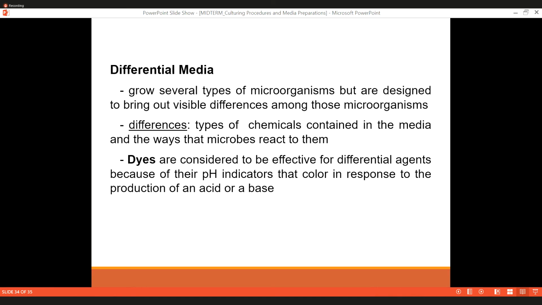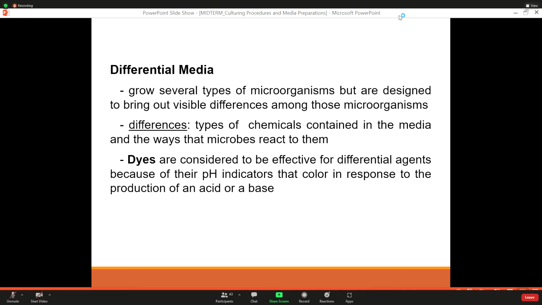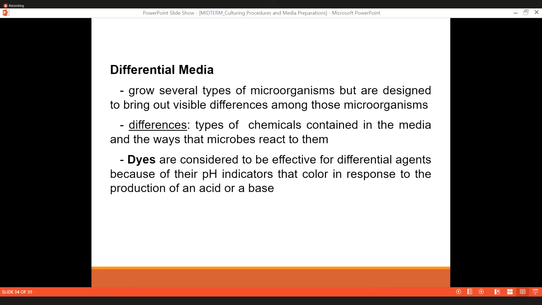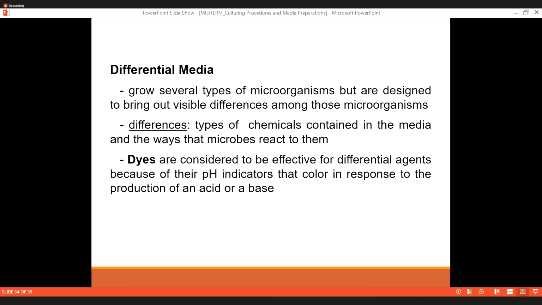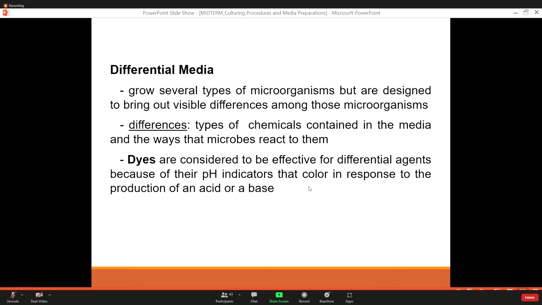So for example, Bacillus anthracis is a kind of bacteria, right? For example, you want to bring out visible differences in terms of their flagellum, or in terms of their capsule, maybe. You can specify that. It brings out the visible differences. So how do these visible differences happen?